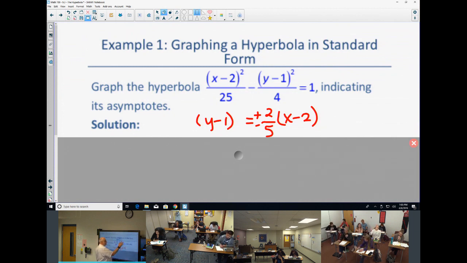You don't put the exponents on either one of them. And then it's plus or minus, and then whatever number's underneath the y, the square root of that, 2, over whatever number's underneath the x, the square root of that. And that's it. So that's the equation for both asymptotes. So see if you can do practice 1b.